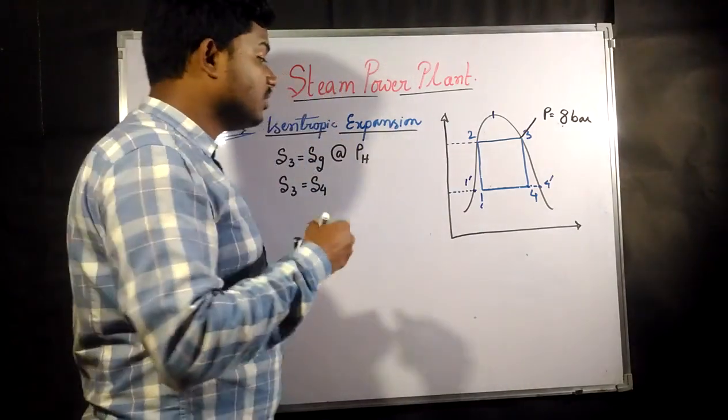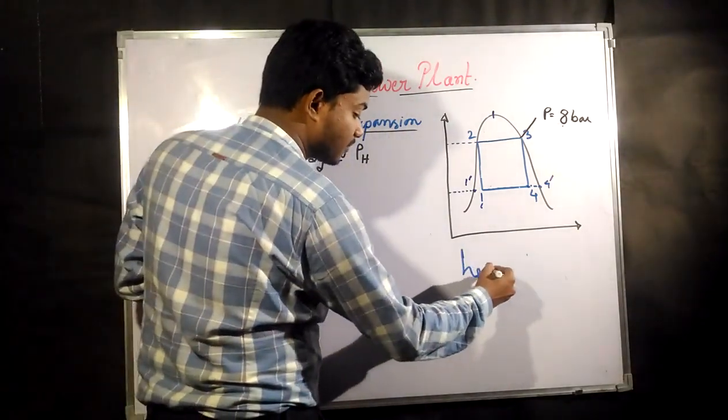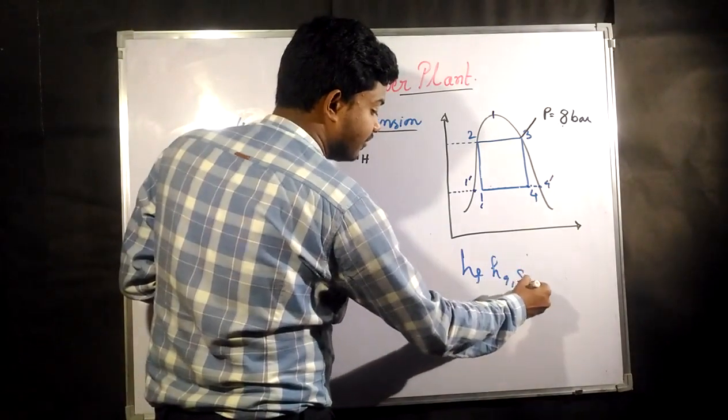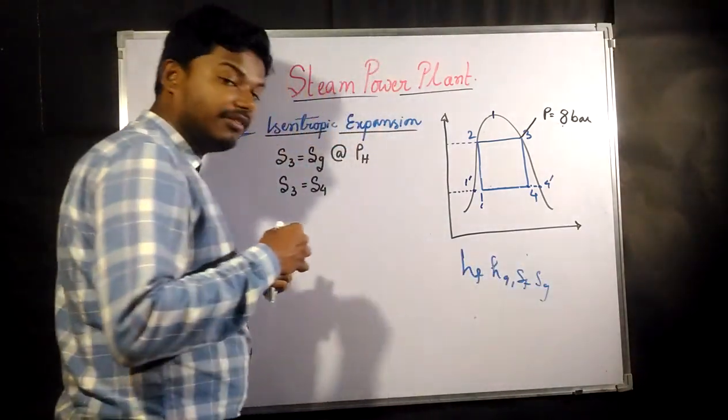In that you will find values like HF, HG, SF, SG, like we have told earlier.